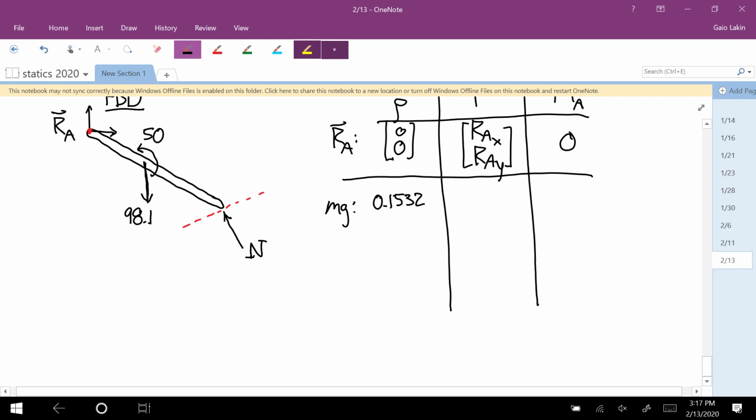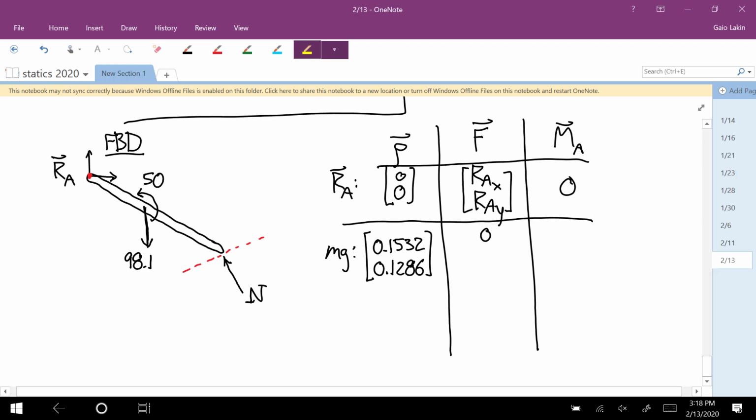And then the second one is 0.1286. And the force vector is 0, negative 98.1.